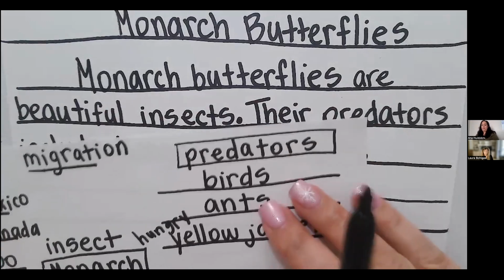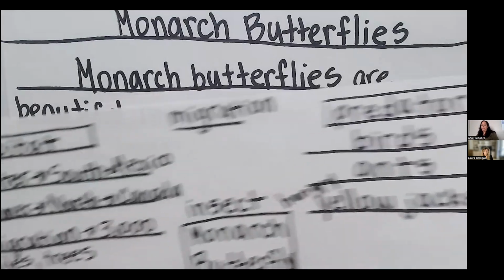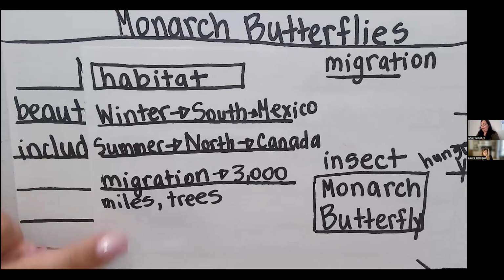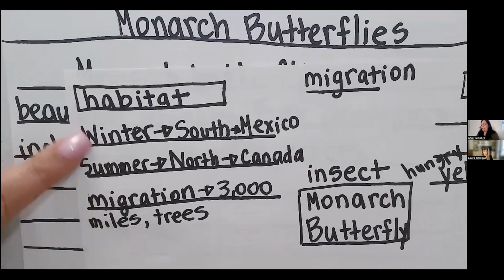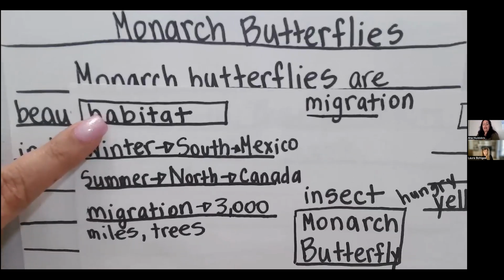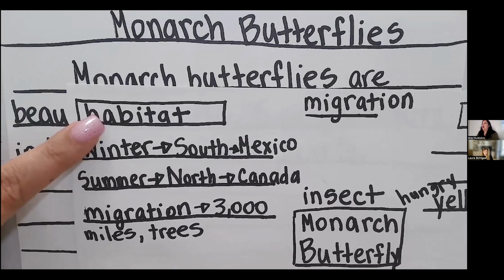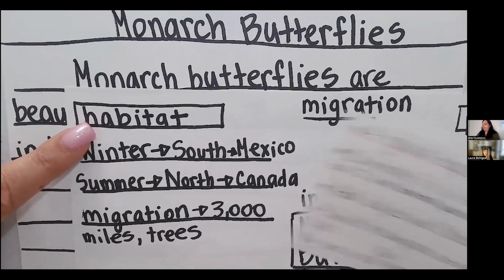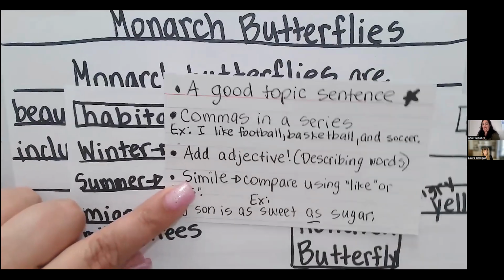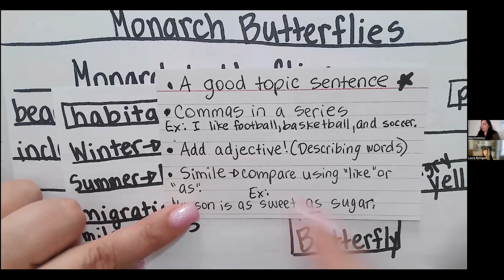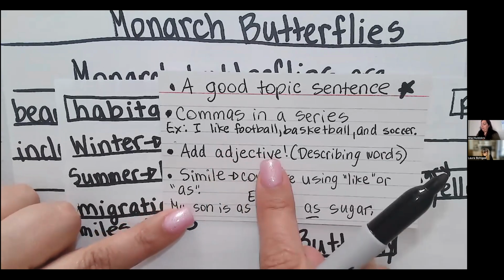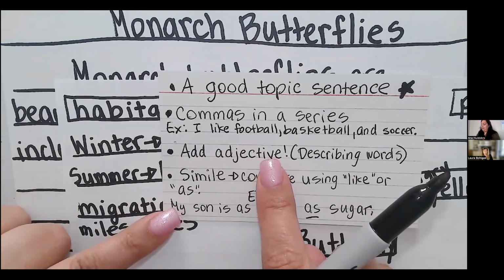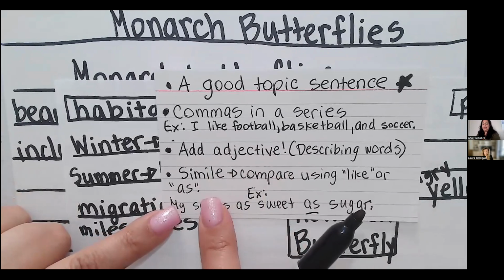So I did predators. I'm gonna go ahead and move on to habitat. You could use the word habitat, or you could use a synonym like their home. I'm gonna use the adjective, and I'm gonna combine it also. I'm gonna use the habitat, and I'm gonna combine it with the simile.